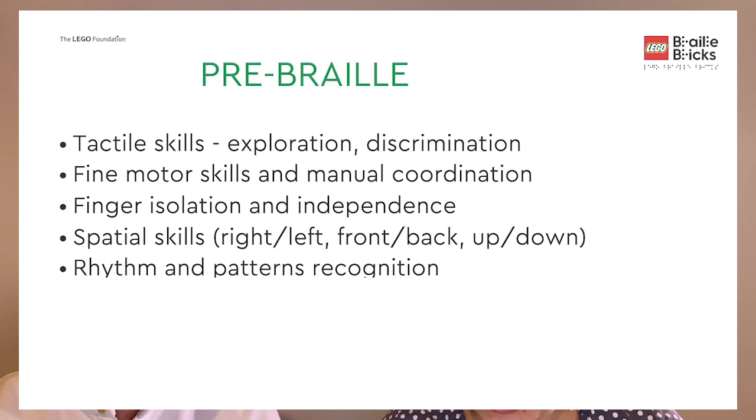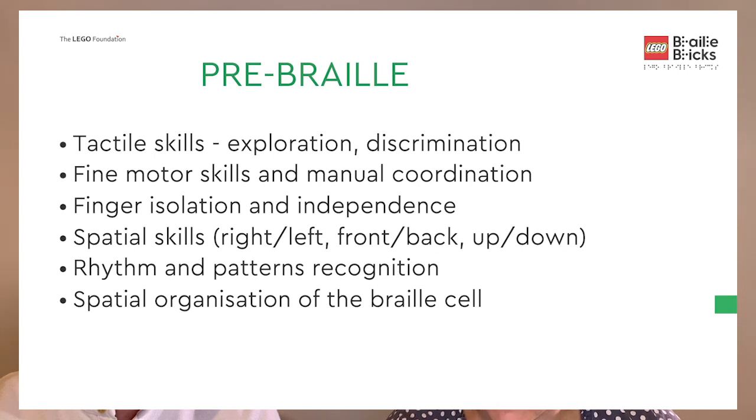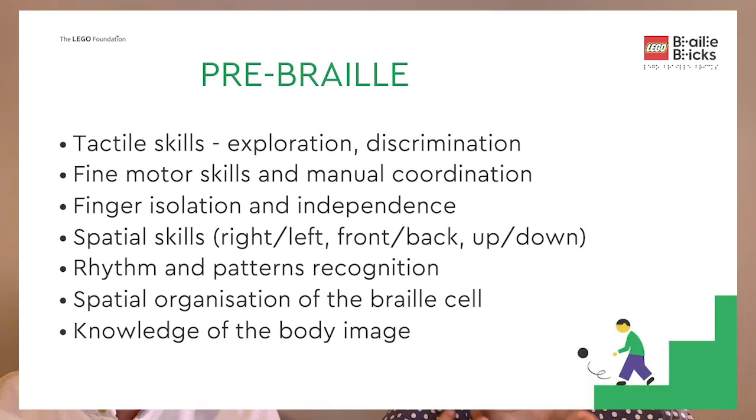And a lot of activities with rhythm and pattern recognition, and also the spatial organization of the Braille cell, and also knowledge of the body image, which part is named how and where is it, things like that. So that's for us some of the Prebraille skills we will work on with the activities.